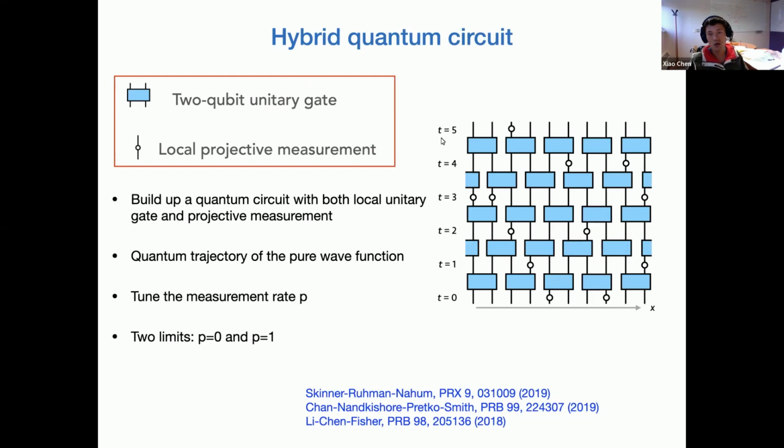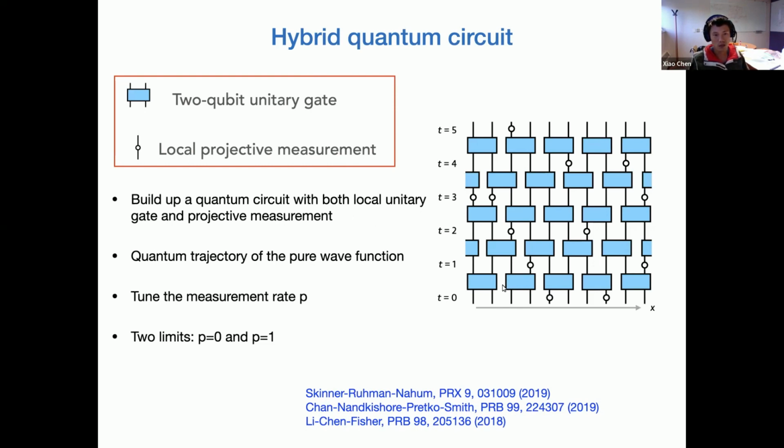We consider a circuit with local structure, so the unitary gates are these blocks, applied on neighboring qubits. The measurement gates we consider are local measurement gates applied on a single qubit like this. So in this circuit, there are both local unitary gates and projective local measurements.